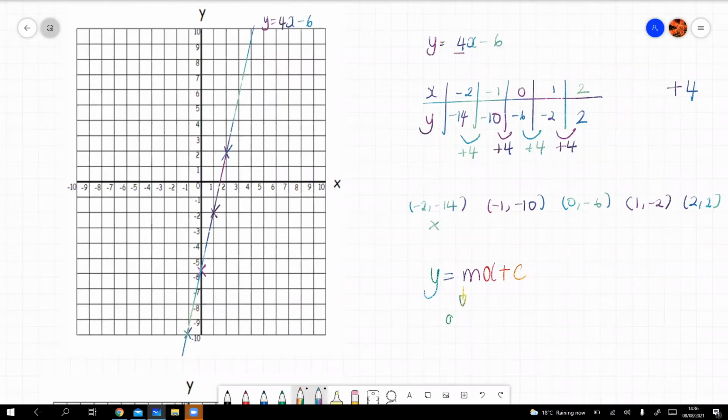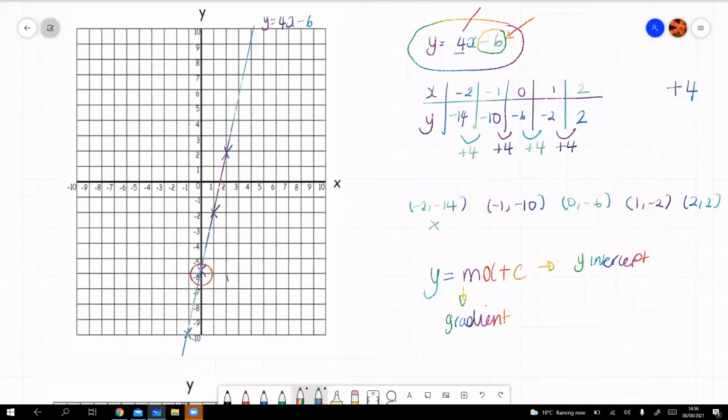And I said the m stands for the gradient and the c stands for the y-intercept, where it crosses the y-axis. And look at this. My gradient of the line should be 4 and it should cross my y-axis at -6, because that minus is attached to the 6. Yes, it crosses my y-axis at -6 and the gradient of my line is 4.